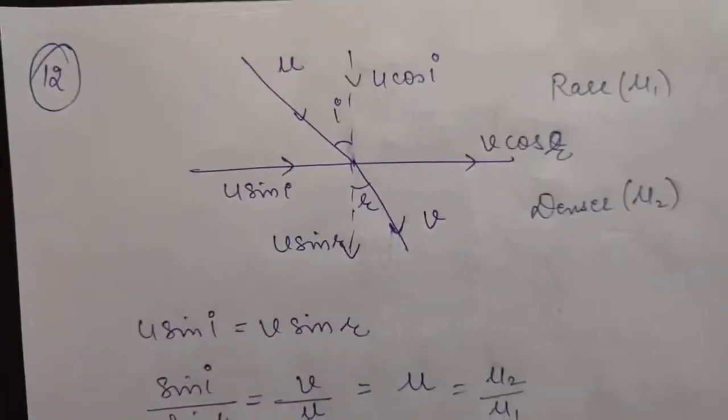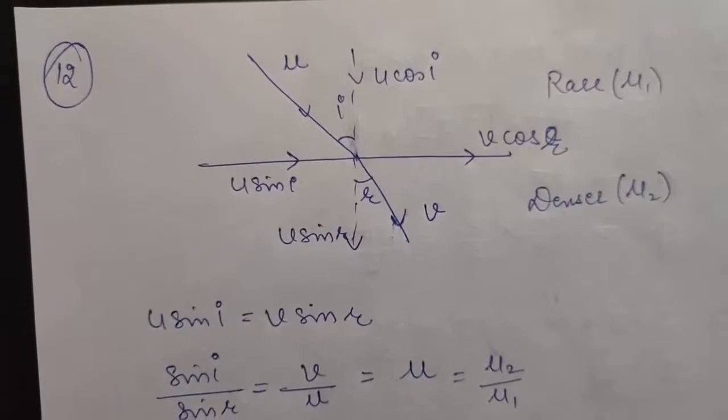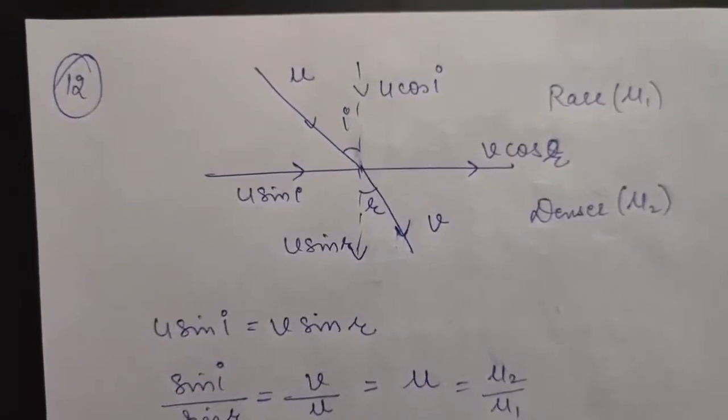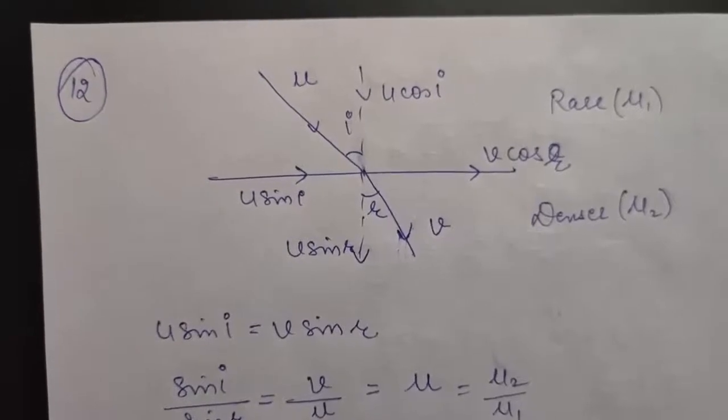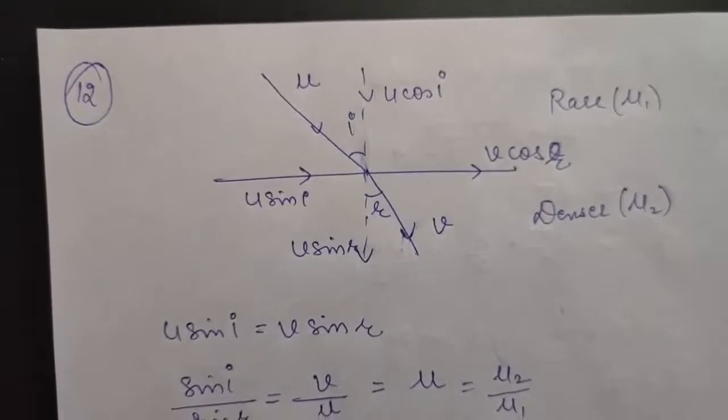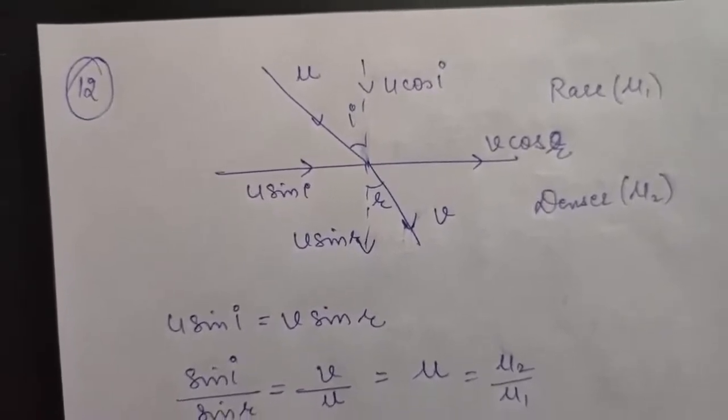Okay, so next is question number 12. The question says, explain how Newton's theory predicts the speed of light in a medium which is greater than the speed of light in vacuum. Is the prediction confirmed by the experimental determination of the speed of light in water?